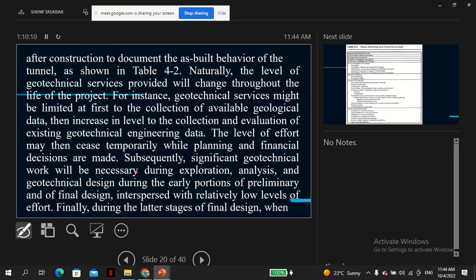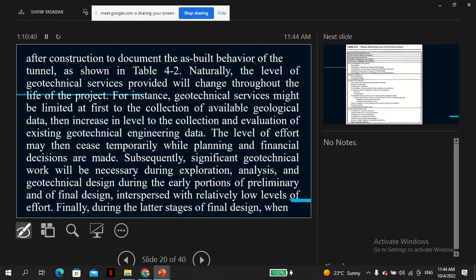Probably you need to know where the site is, the direction, the survey data, the alignment, roughly where that's going to be. So with limited technical input. Now, once you have this information, you go and then you plan. So during that time there's not very much effort because you're just doing the soft part, the planning. The financial decisions are made.